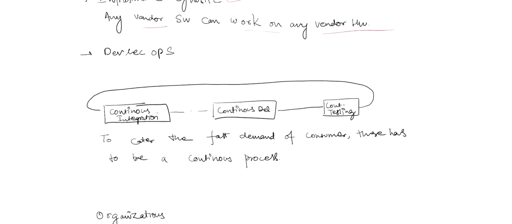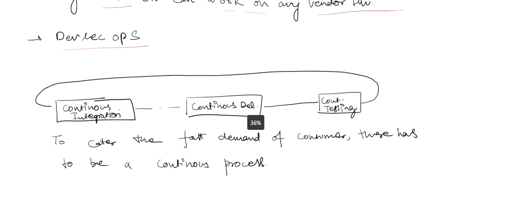Another important aspect is DevSecOps. Nowadays the consumer may require different kinds of software changes on the go, that they want this feature, they want that feature. To cater to that demand as soon as possible, continuous integration, continuous delivery and continuous testing come into the picture.